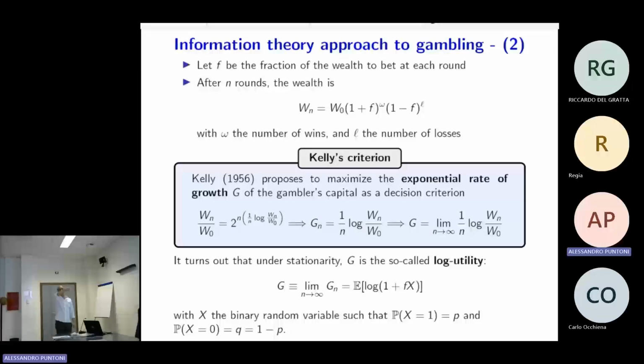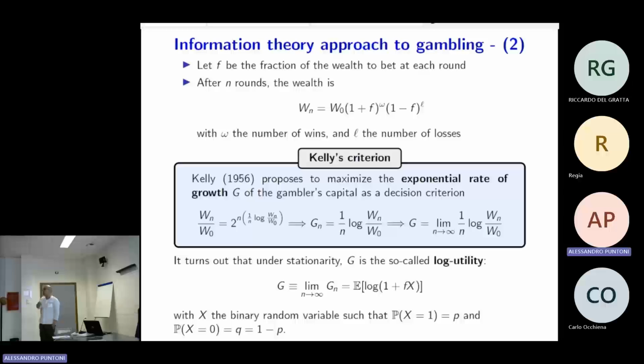If we call this fraction of the capital f, we can write, after n rounds of the game, the wealth of our portfolio as the initial wealth times 1 plus f to the power W, the number of times that we win, times 1 minus f to the power L, the number of times that we lose. What is the Kelly criterion?